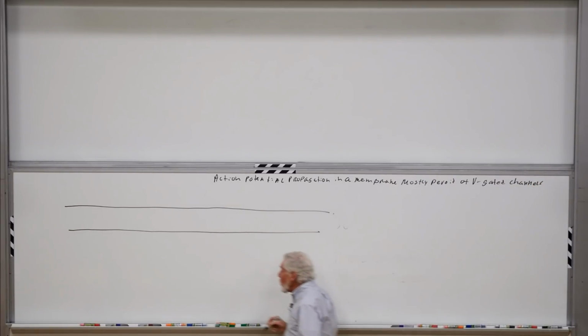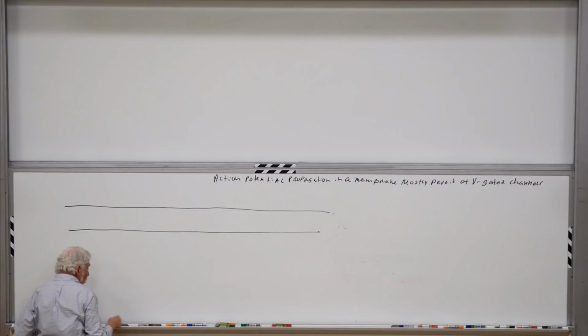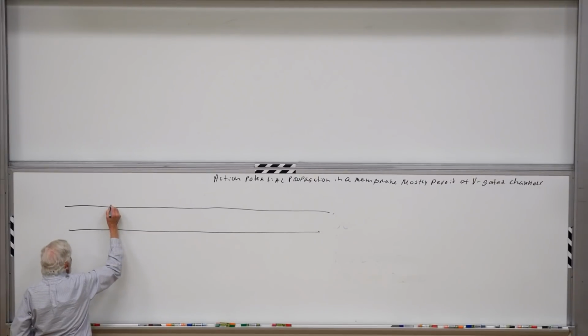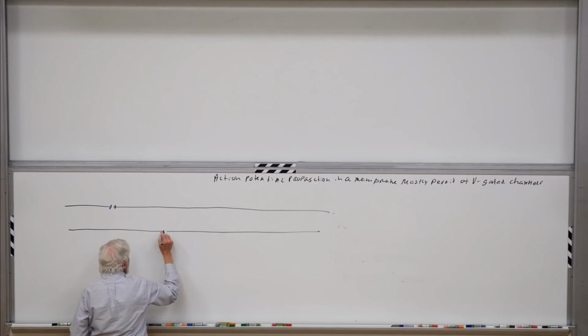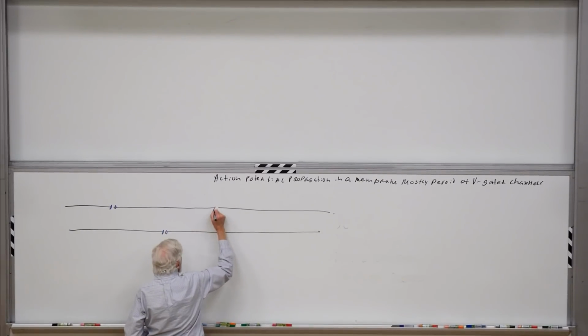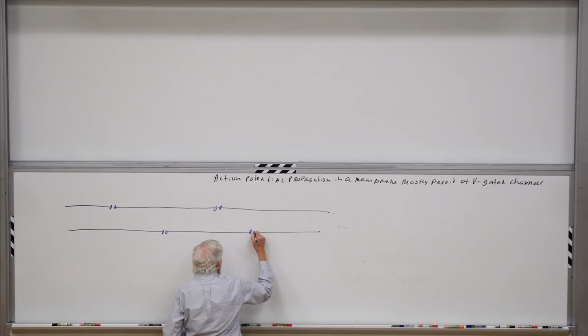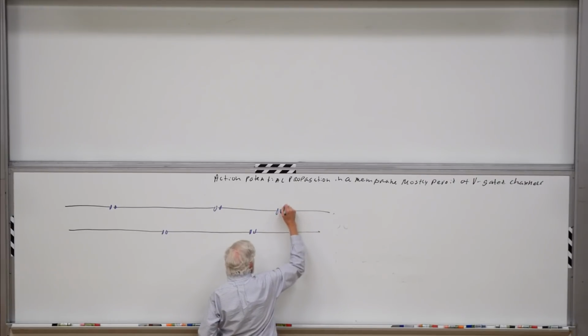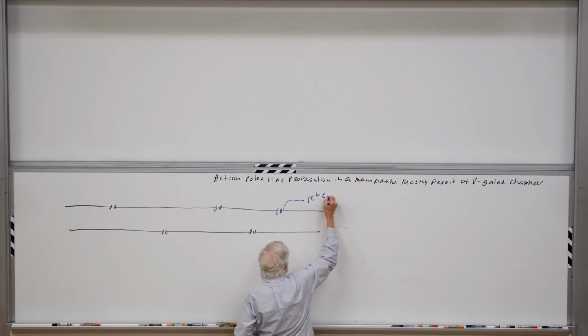That's a complicated way of describing what we had there yesterday. We said that all along this membrane, at intervals, there were these purple potassium leak channels.